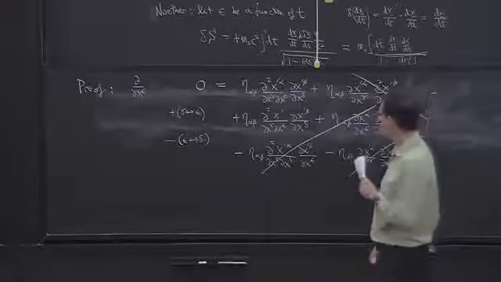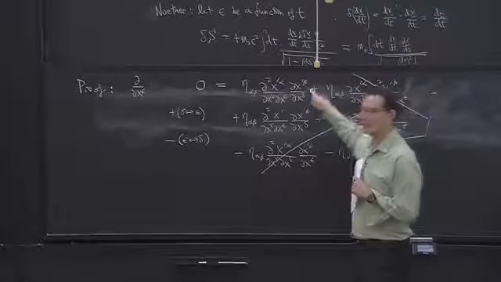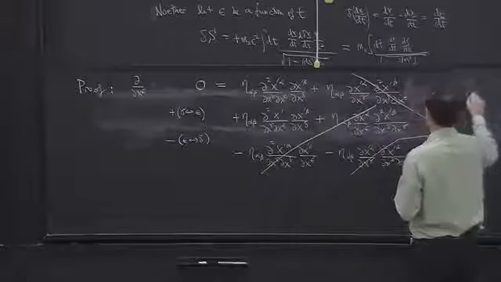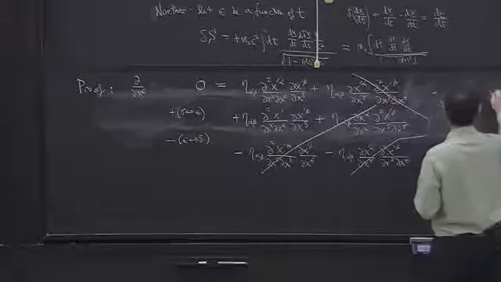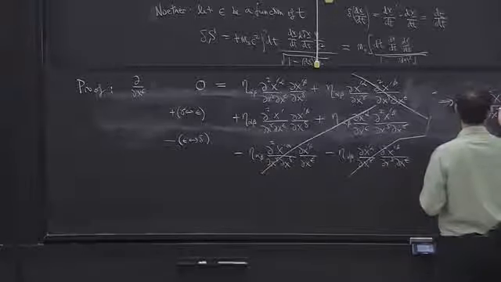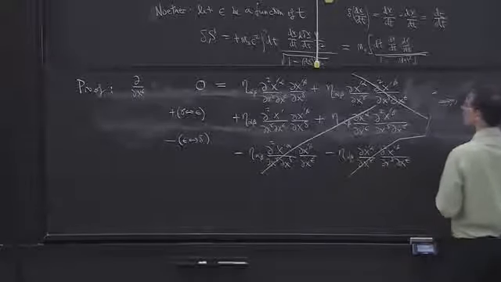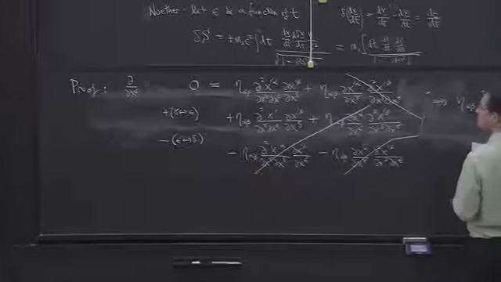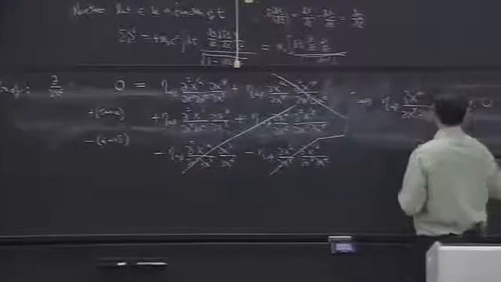And these two, as we already noticed, are identical. So what this proves is that eta alpha beta d2 x prime alpha dx gamma dx epsilon dx prime beta dx delta is 0.